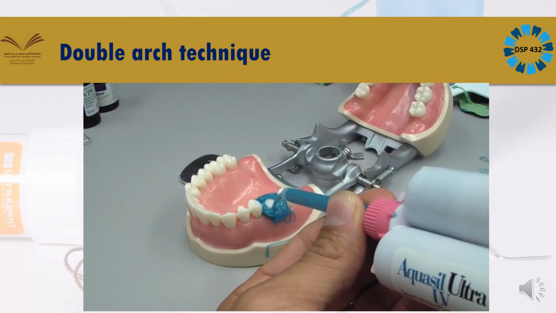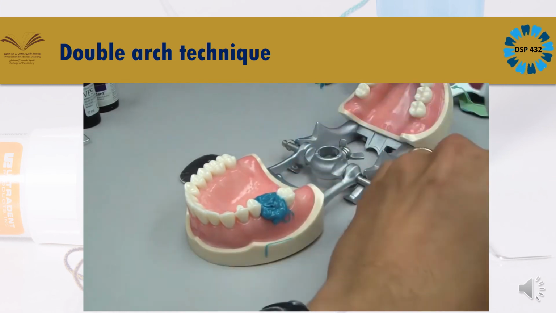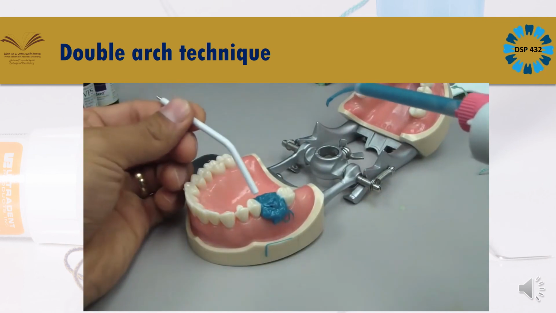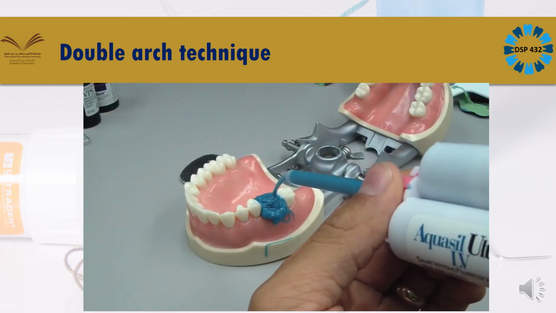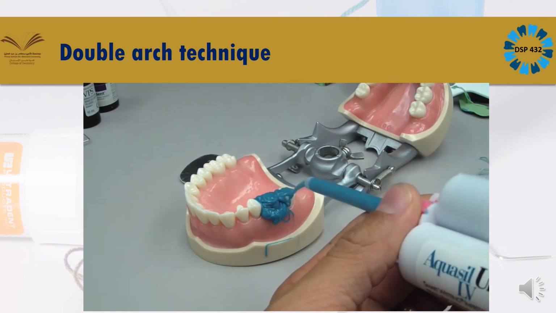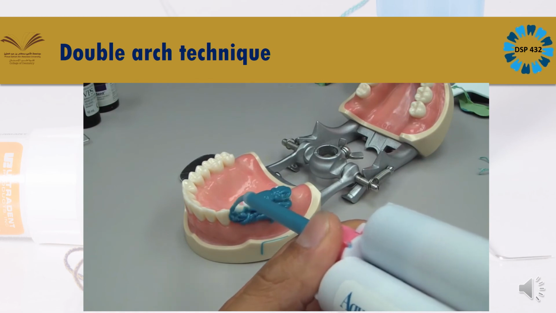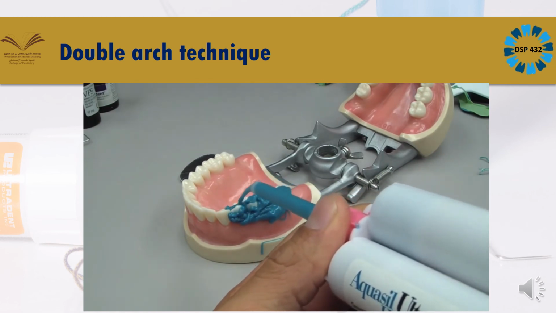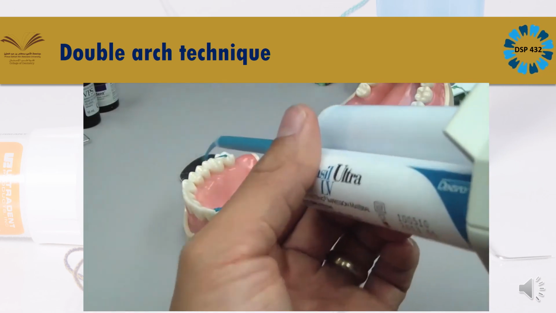Slowly you are supposed to introduce this light body all around your prepared abutment tooth, and onto the adjacent tooth also, because we need to develop the relationship with your adjacent tooth, the contact point, the occlusion, everything. So that is why we need precision all around the adjacent tooth.